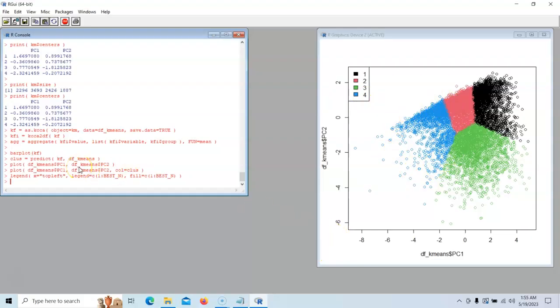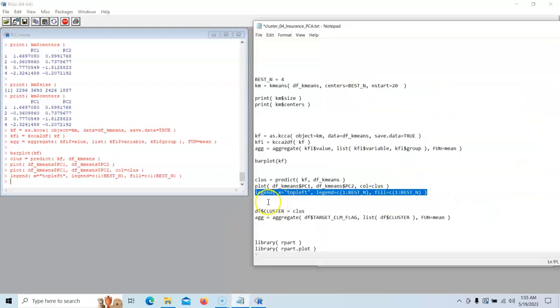Now, I'm curious if these clusters are predictive of whether or not you're going to crash your car. Well, we can find that out. Let's put the clusters into our data frame.